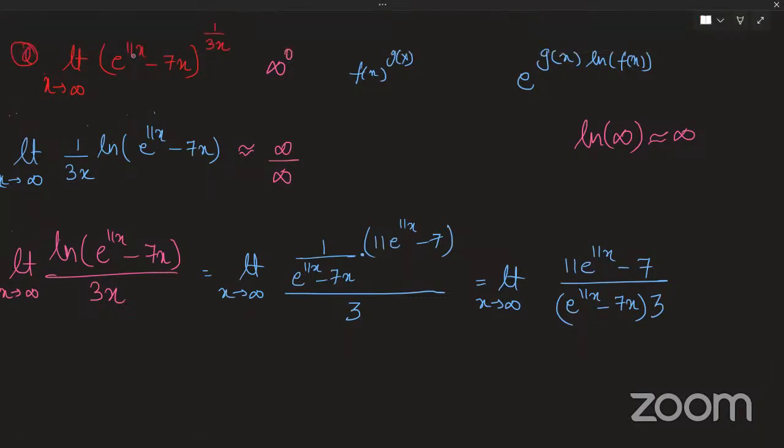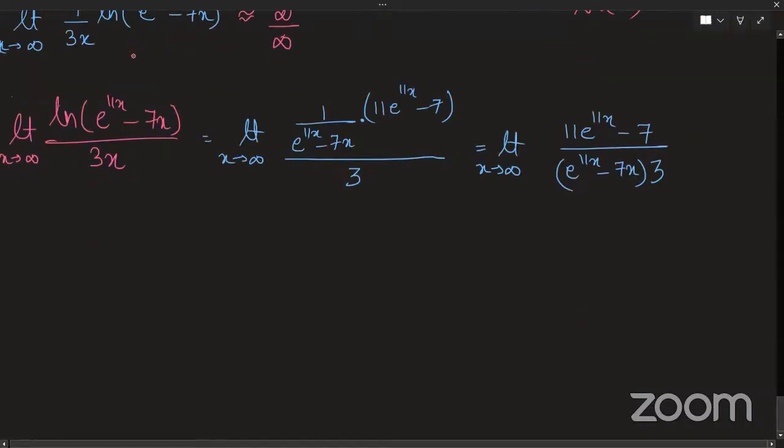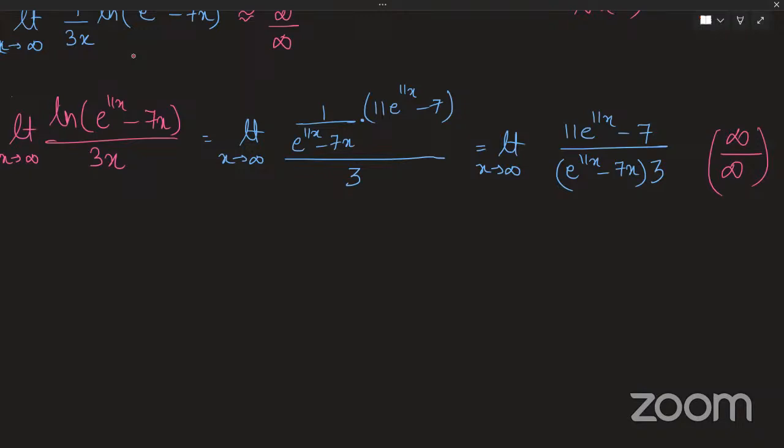Infinity by infinity, correct. Infinity divided by infinity: e raised to 11x minus 7 whole divided by e raised to 11x minus 7x.